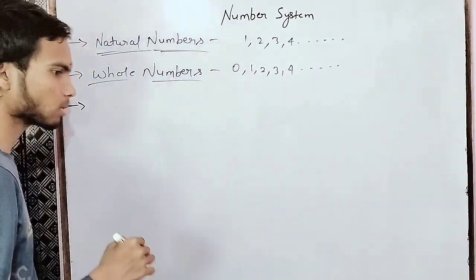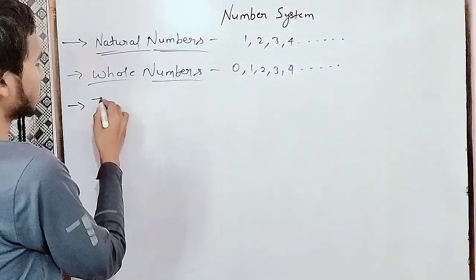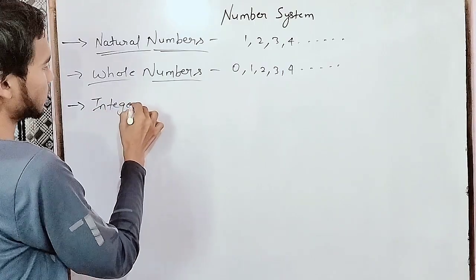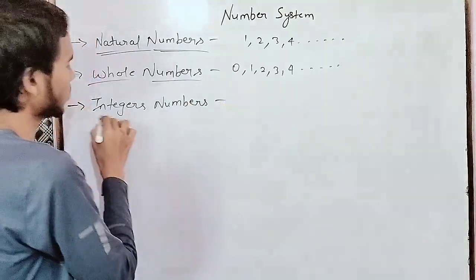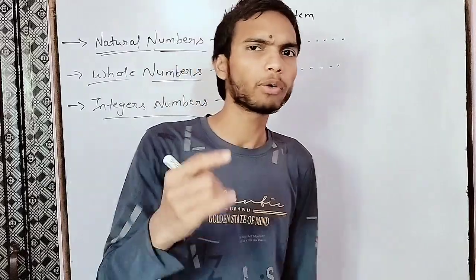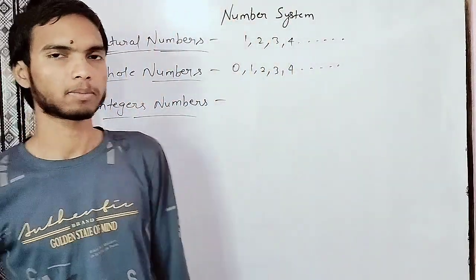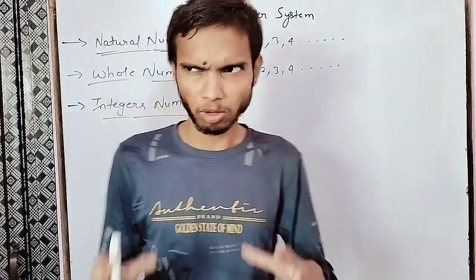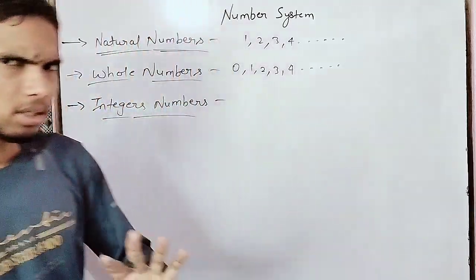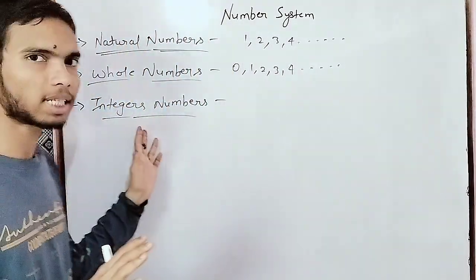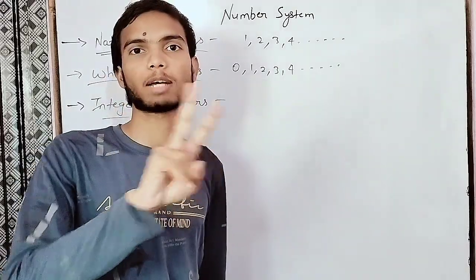Clear? Now next comes integers. What would you like to say about it? Do you have any information regarding it? Look, it has two types of numbers.